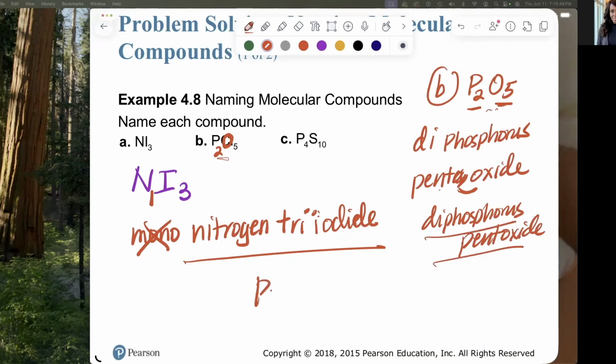Next one is P4S10. Tetra for 4. This is a lot of phosphoruses. You know what? Let's not do that one because this is already done down here. I'll just show you that one. Let's do Cl2O7.